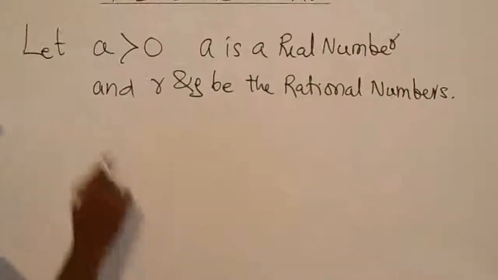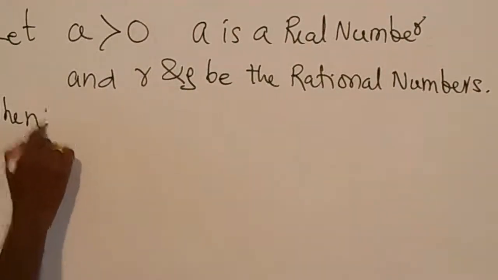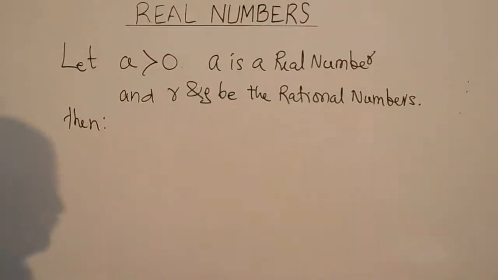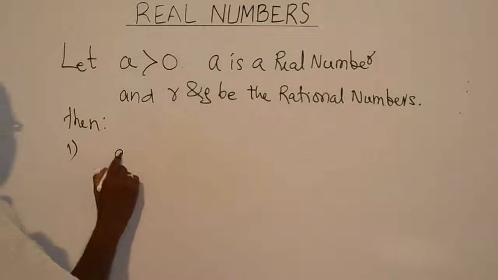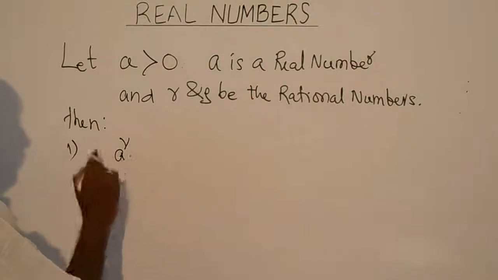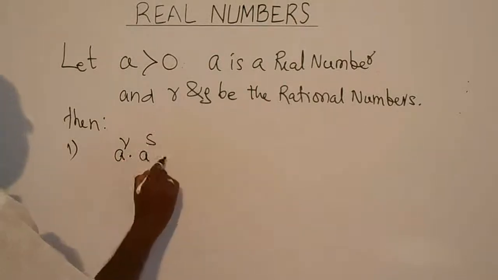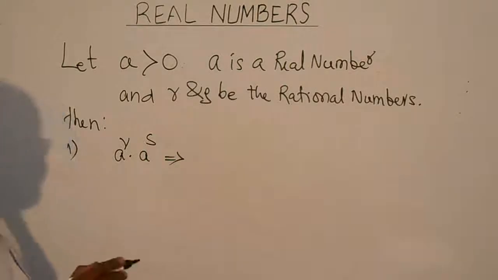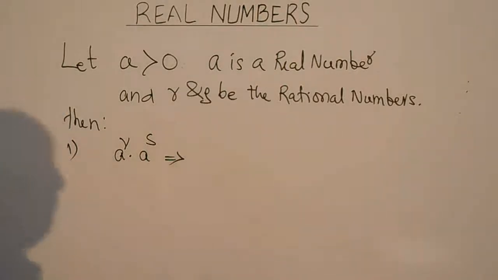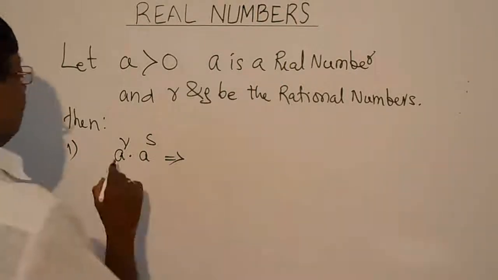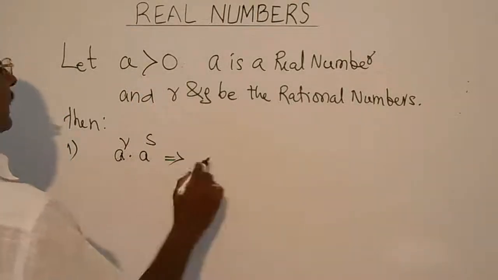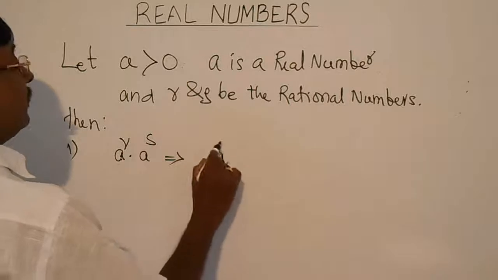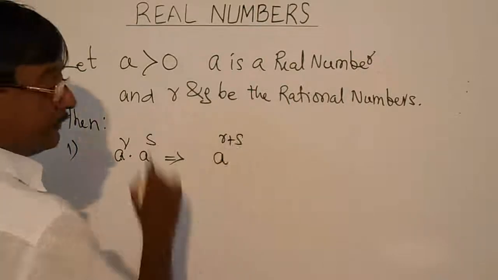Okay. Then in this case we have a set of identities. So number 1, a to the power r into a to the power of s. We can say by using the exponential form, we have already seen the exponential form, the base a and the powers are different. So in that case the base a to the power r plus s.